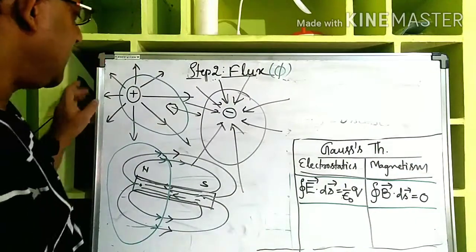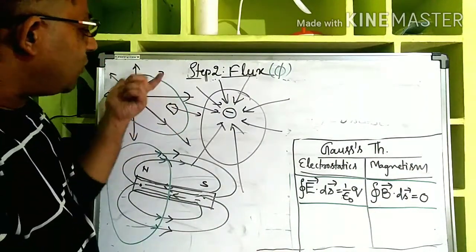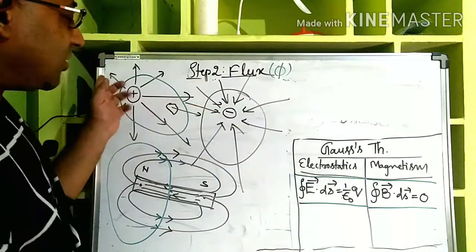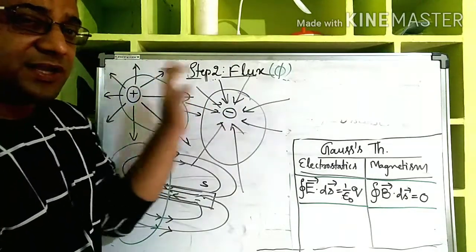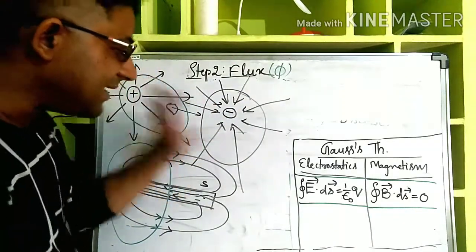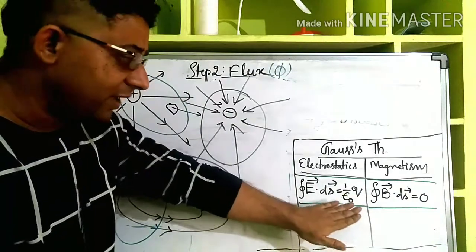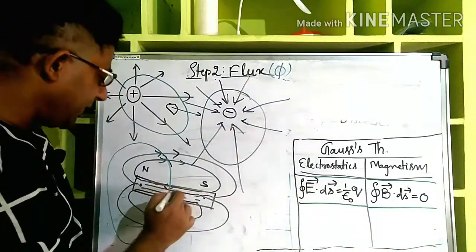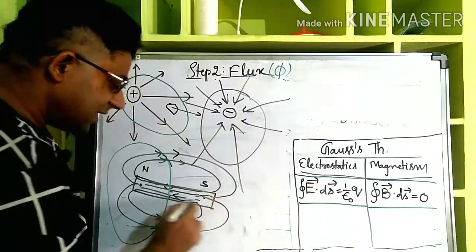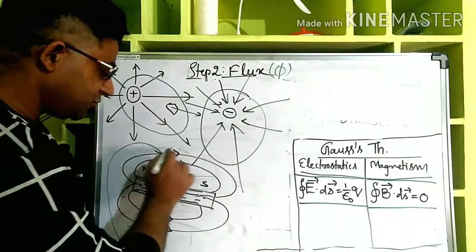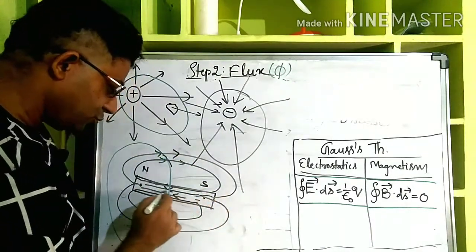Why does this happen? There is no field from minus to plus. In the case of electricity, the field is always from plus to minus only, and that is the reason we get a non-zero value. However, the magnetic field lines are continuous in nature. They go from north to south outside, but again from south to north inside.